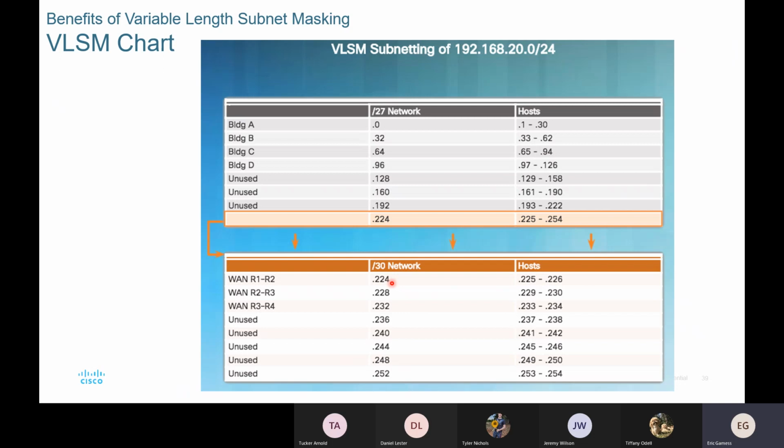Remember that we lose 2 IP addresses in a subnet. The first IP address is the network address, and the last IP address that we lose also is the broadcast address. So we will lose the first IP address, which is .224, and we will also lose .227. But valid will be .225 and .226 in this first subnetwork of 4 IP addresses.